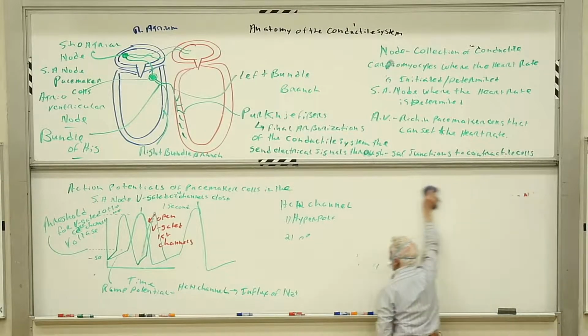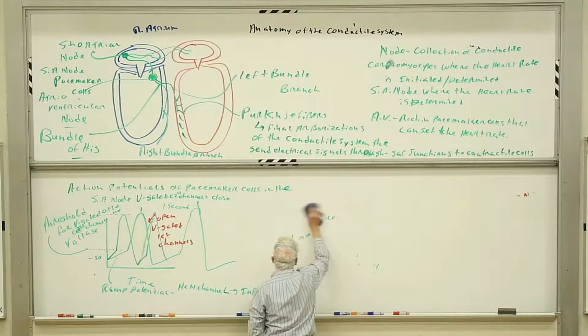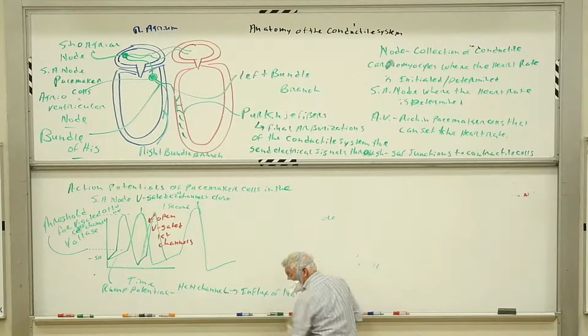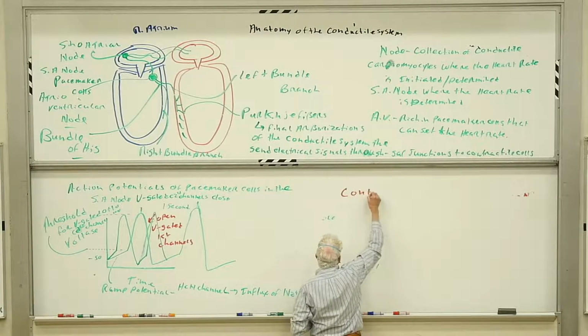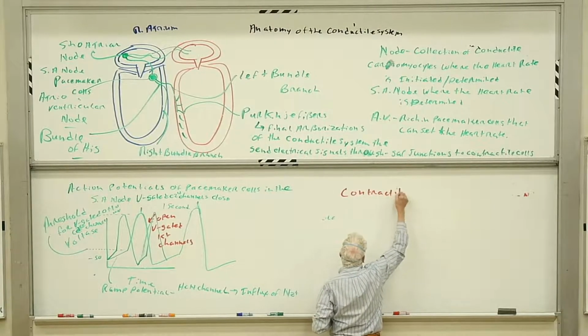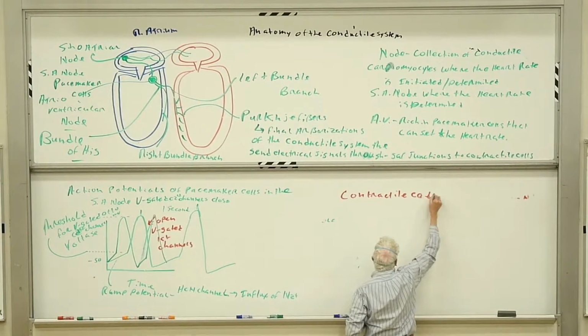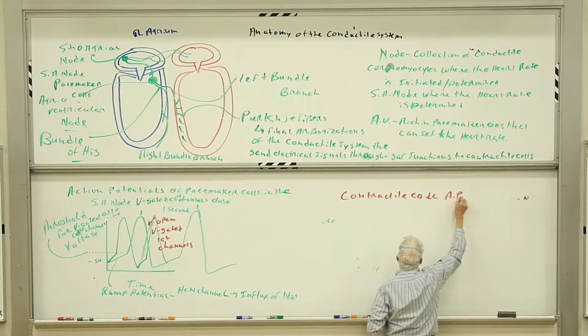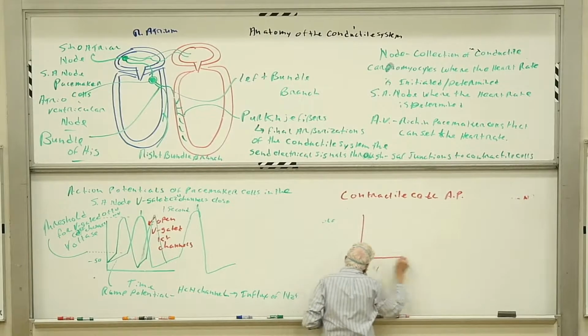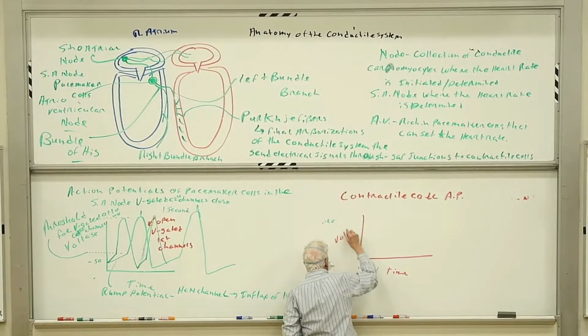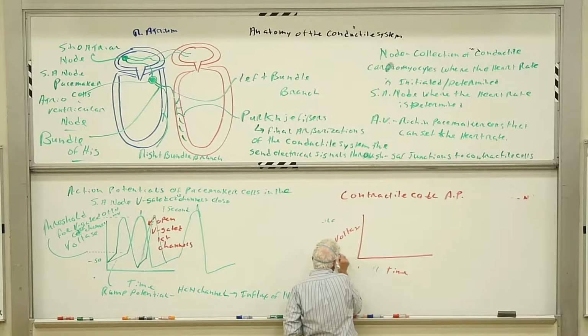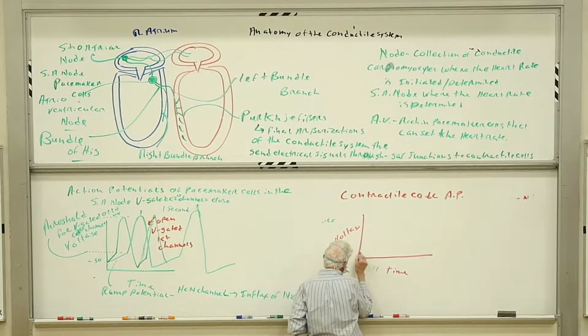So in this half of the board, I want to draw it in red, one of these contractile cell action potentials. When we map this out over time, and on this axis we have voltage, the membrane potential sits at about -70, so it's more hyperpolarized.